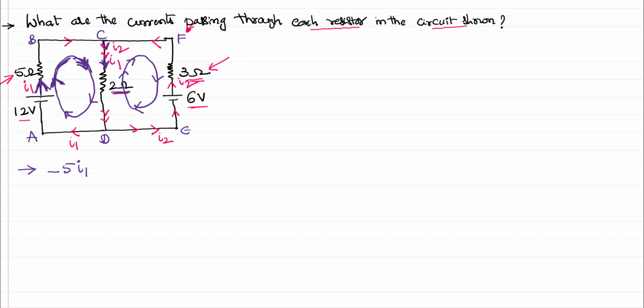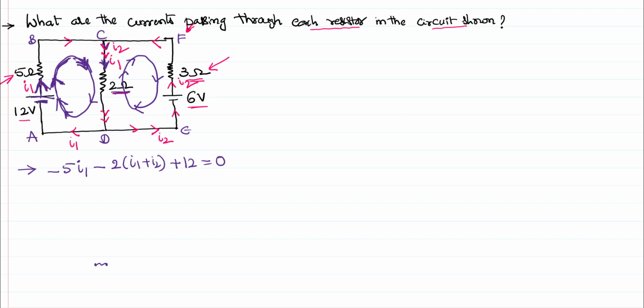So minus 2 times I1 plus I2. And look at the battery. You are going this way, you are getting the negative plate of the battery first. That EMF is positive, right? Plus 12 is equal to 0. That's the first equation we can write, right?